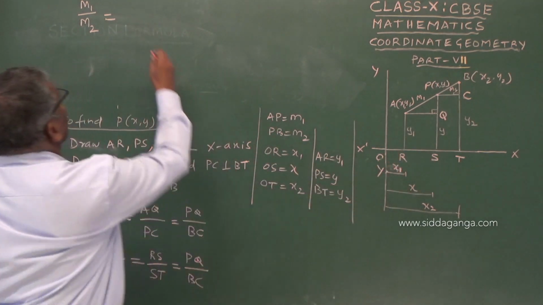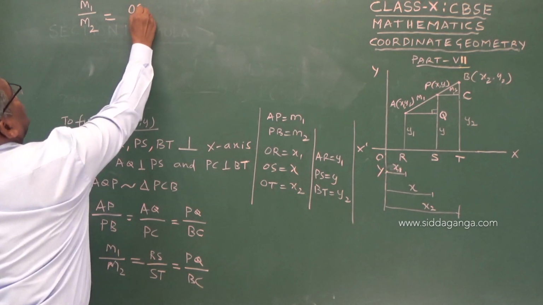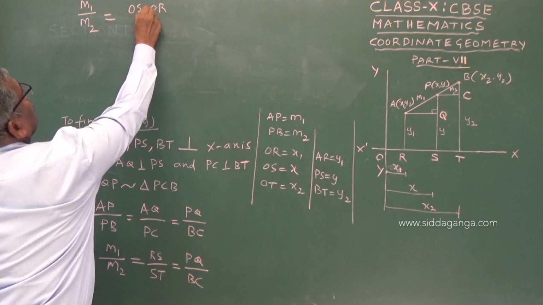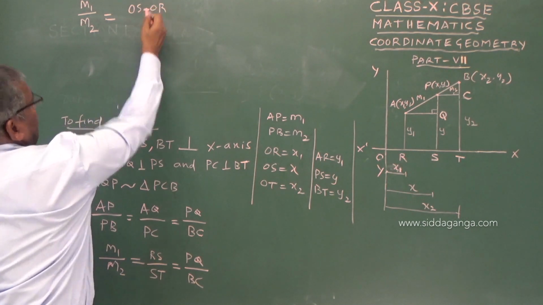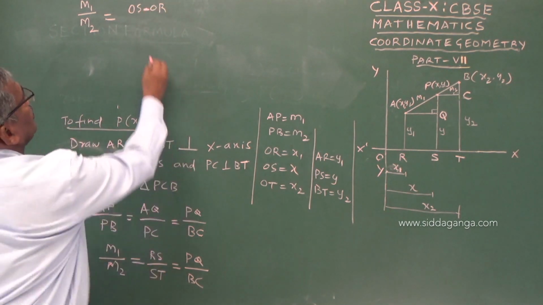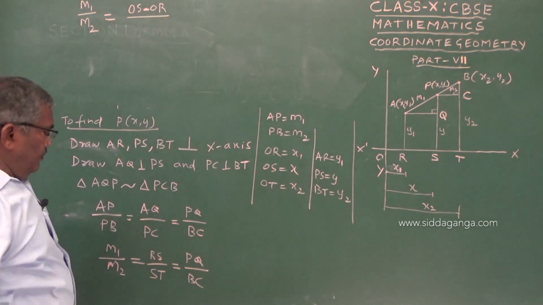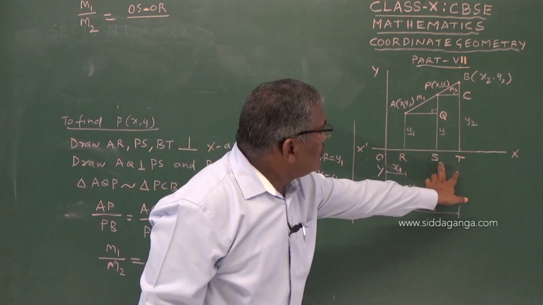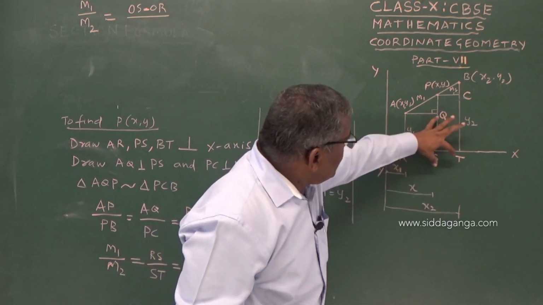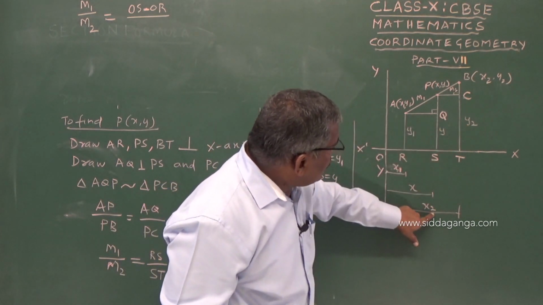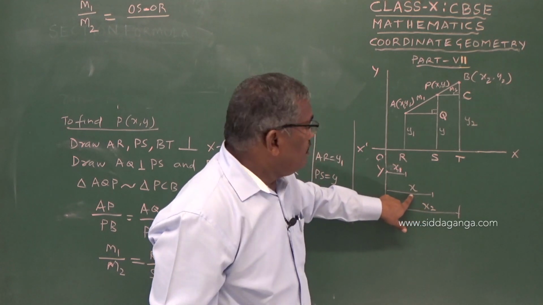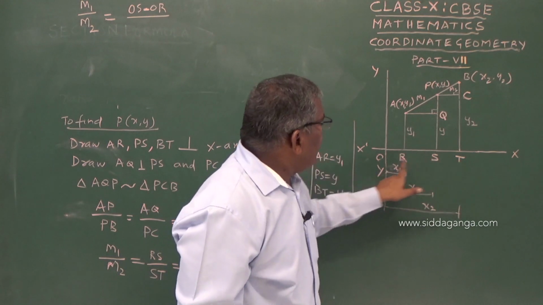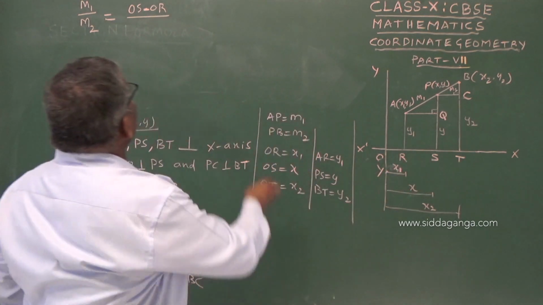This is your RS divided by ST. This distance is x2 minus x, or I will write OT minus OS.